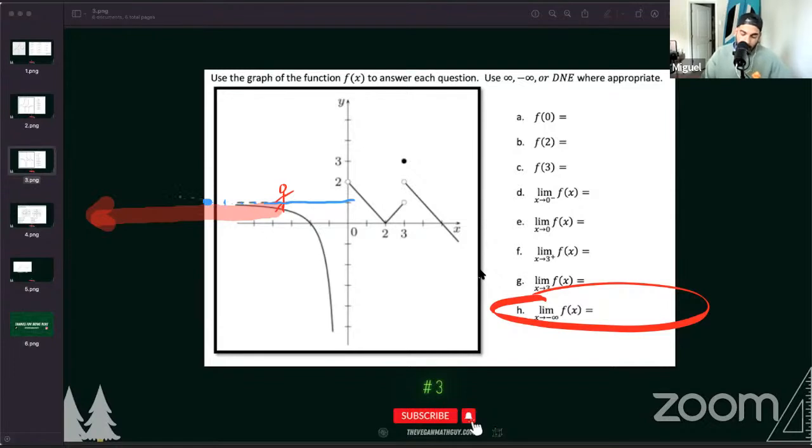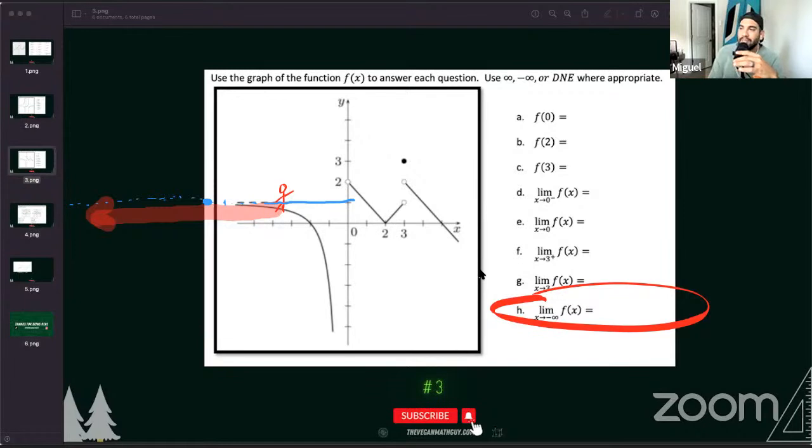The dotted lines create a little boundary, saying, hey, you cannot cross. You shall not cross on the left side. So as I'm approaching negative infinity, moving all the way to the left, the function is being bounded. The asymptote is not allowing me to cross there.